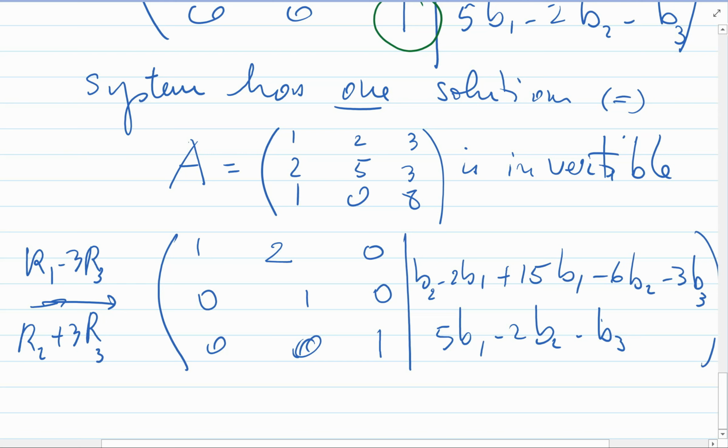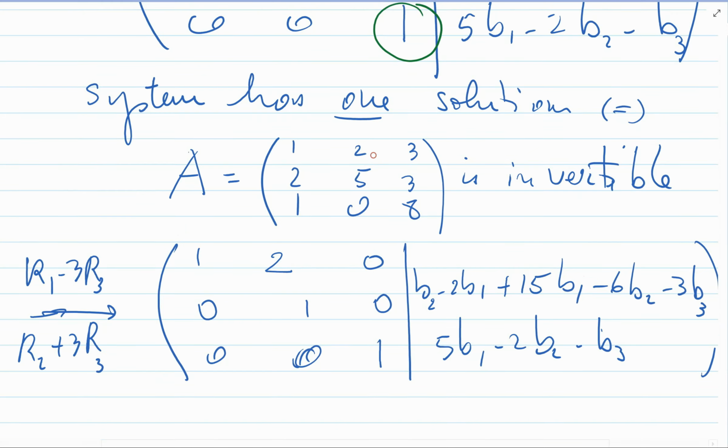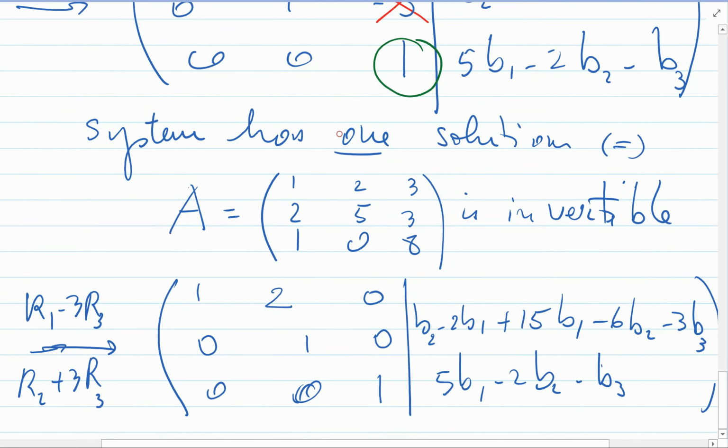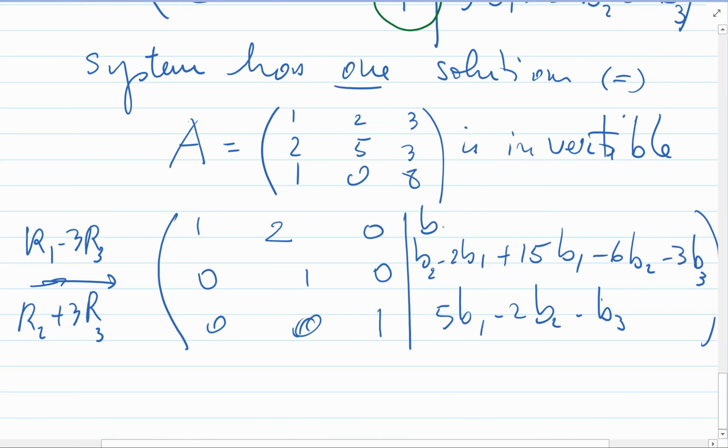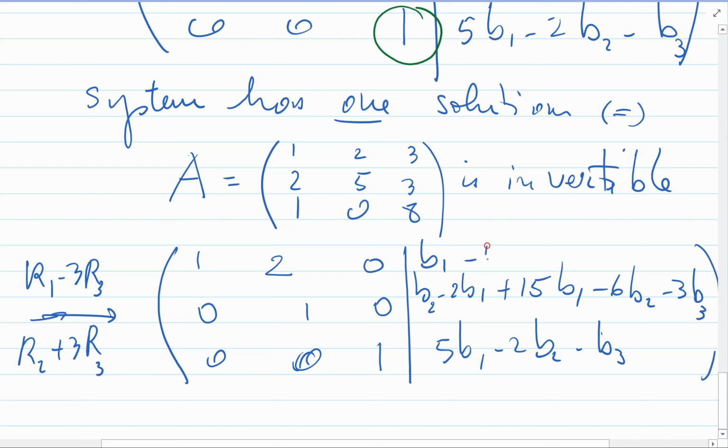And in the top, we have the top one that we had before, which is b1, and we do minus 3 times the bottom part, which is minus 15b1 plus 6b2 plus 3b3.